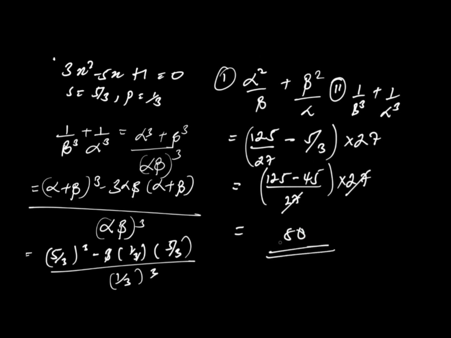So we find out of that, this is the answer for our expression. So we got this and this. So this is how we evaluate expressions using sum and product of quadratic equations.